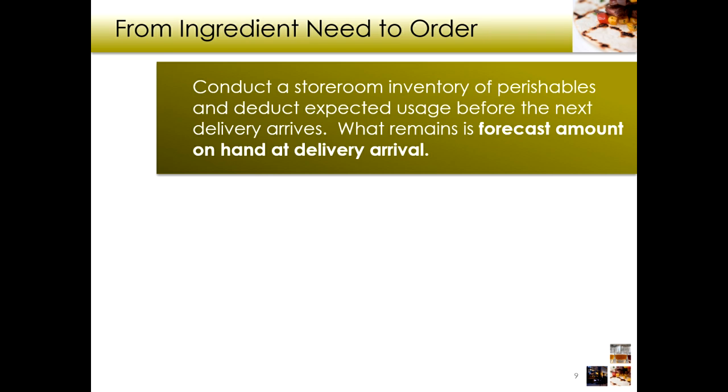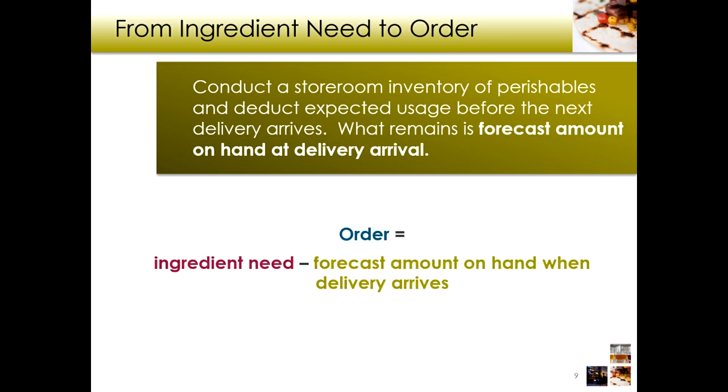Maybe we have 2 pounds, so we need to order 3 pounds, right? So a little quick formula for that, we're going to take the ingredient needed, in this case our asparagus with 5 pounds, subtract the forecasted amount on hand when the delivery arrives. Now this is important because here's a big differentiation. We're going to take the amount we think is going to be in the cooler when the delivery arrives.